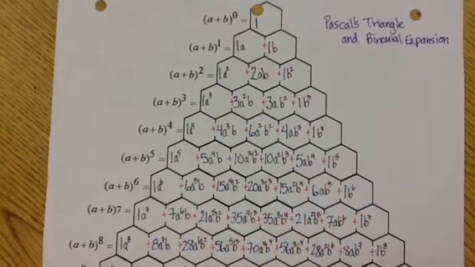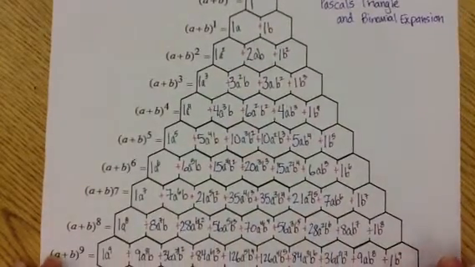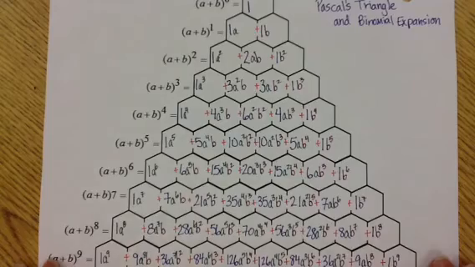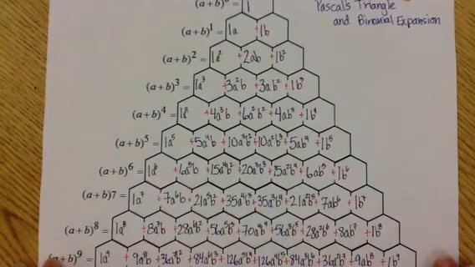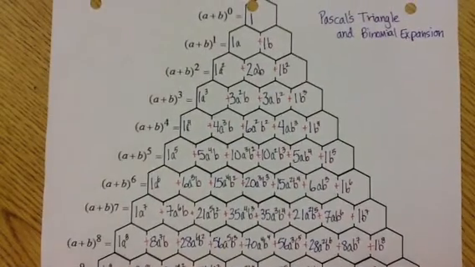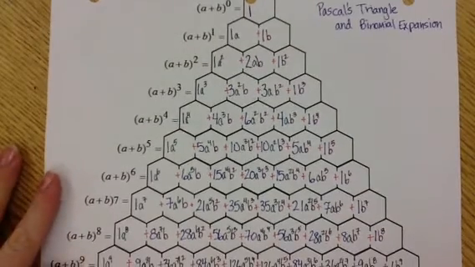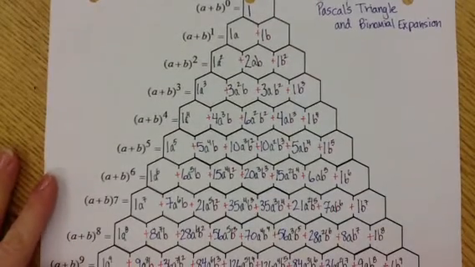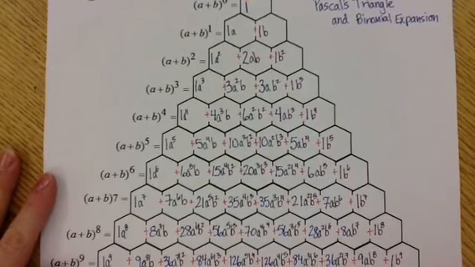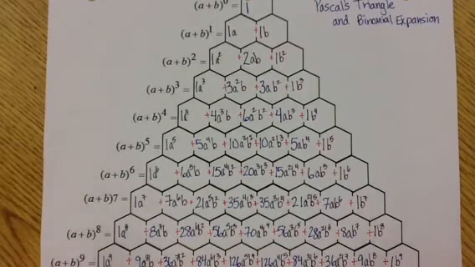So there's lots and lots of patterns that go on in Pascal's triangle, and we will not be talking about all of them by any means, but I just wanted you to notice a few. Make sure that you have your entire chart filled out so that in our next segment we can use this triangle to expand binomials.